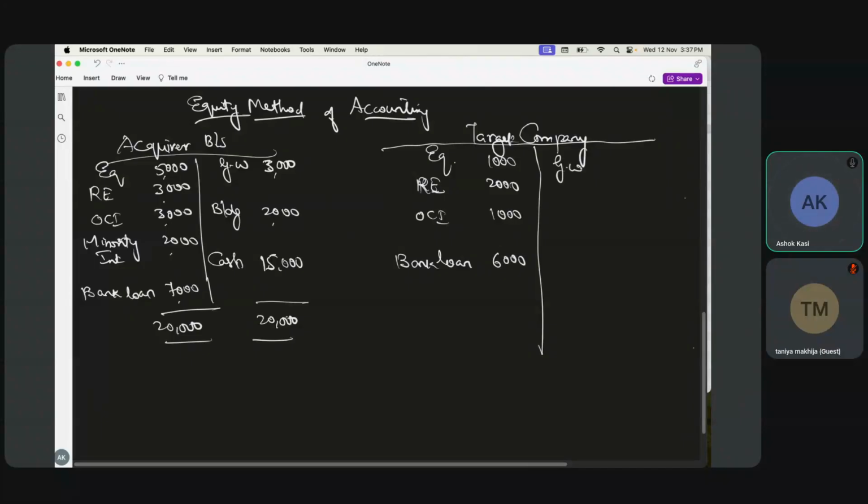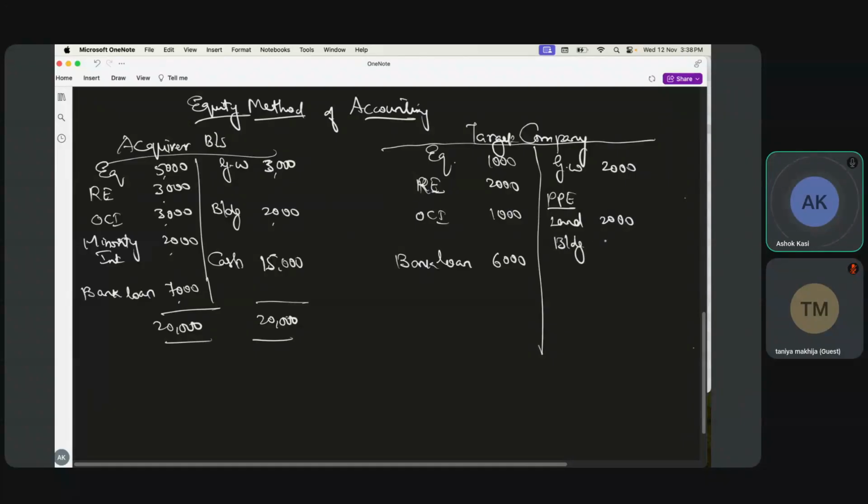Goodwill 2,000. Then property, plant and equipment. Here this is land 2,000. I didn't do this sum last time.